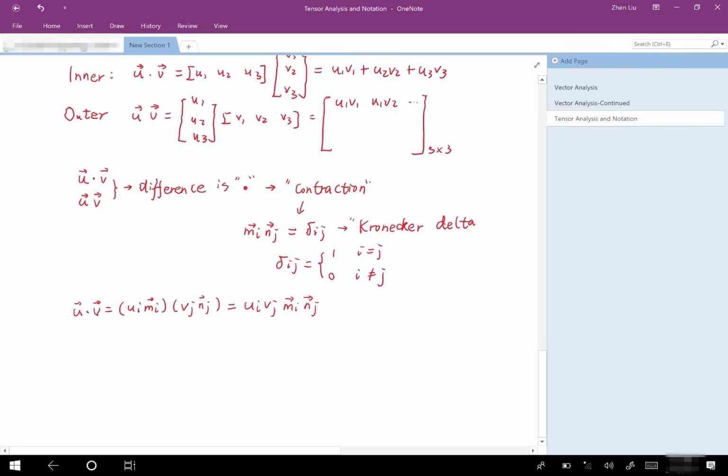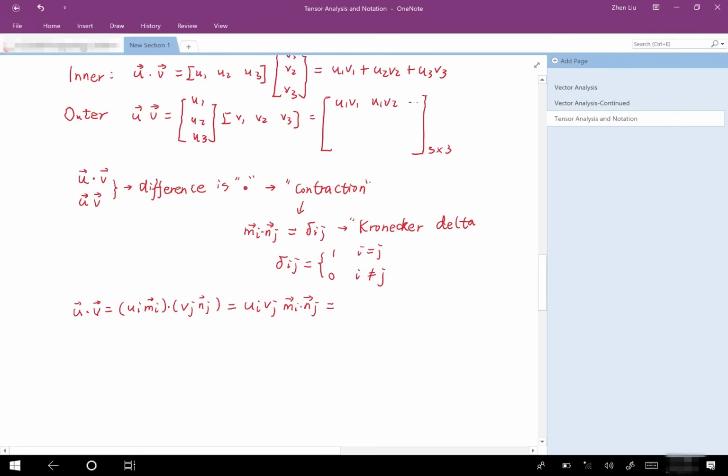And for m_i and n_j, this is a contraction. Sorry, there's a dotted line here. If there's no dot, that means the outer product. But the difference here is a dot here. I also missed the dot here. I apologize.